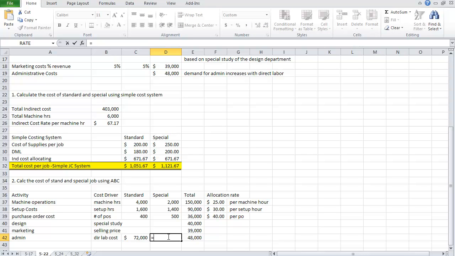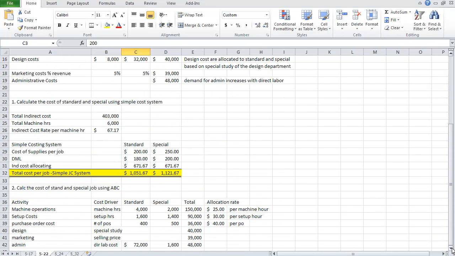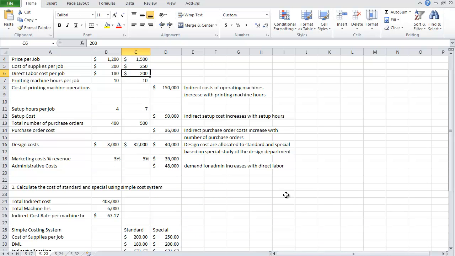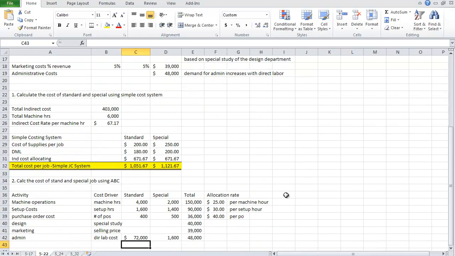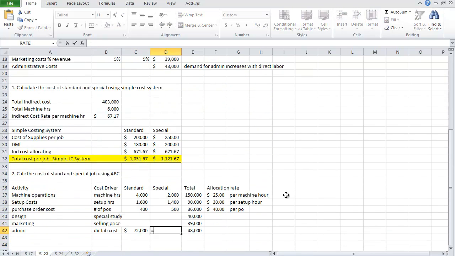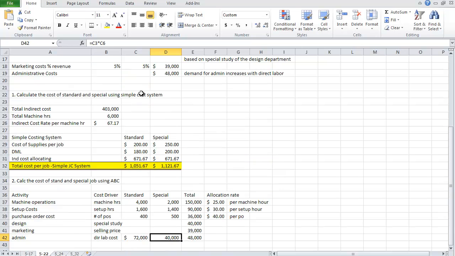So we have 200 special jobs, and we're going to multiply that by the $200 per. We'll get $40,000.